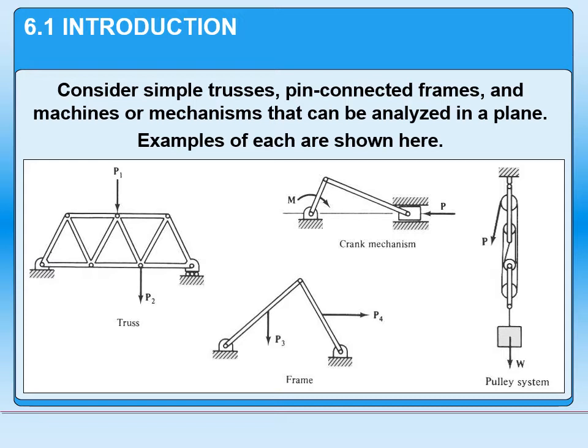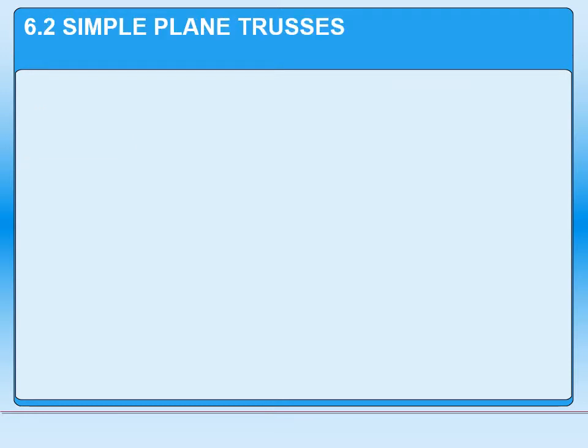Frames can actually be made up of bent members as well, meaning not straight members. So that kind of differs a truss from a frame. Here's another example of a pulley system, a little bit more complicated, designed to convert this force downward into raising this weight. So here's a variety of examples, and you can find a number more examples in our textbook.